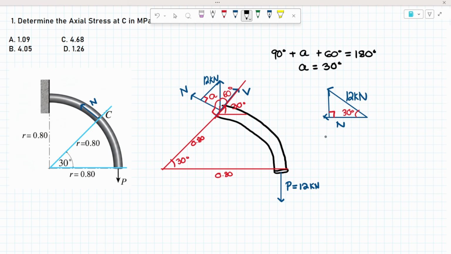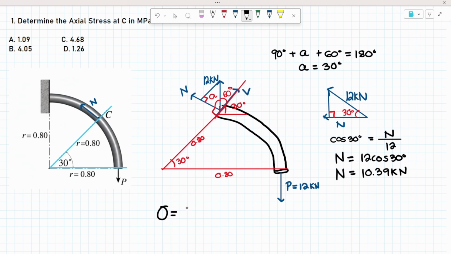So with this, we can now solve for N. This is adjacent side, hypotenuse. So we can use the trigonometric function na cosine. So cosine 30 degrees, that is equal to the adjacent side all over the hypotenuse. Solving for N, N is equal to 12 cosine 30 degrees, which is magkano? 10.39 kilonewtons. We can now solve for the axial stress, that is N all over A.